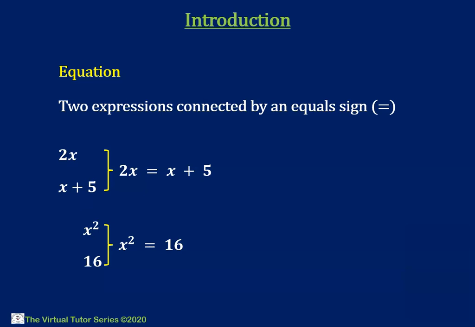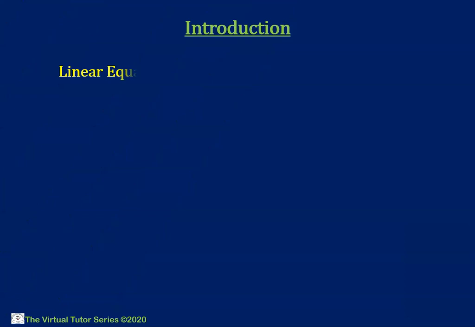The first equation has a highest degree or highest exponent of 1. In other words, the highest exponent of the variable x is 1. The second example is a quadratic equation because it has a highest exponent of 2. An equation whose highest degree or exponent is 1 is known as linear equation.